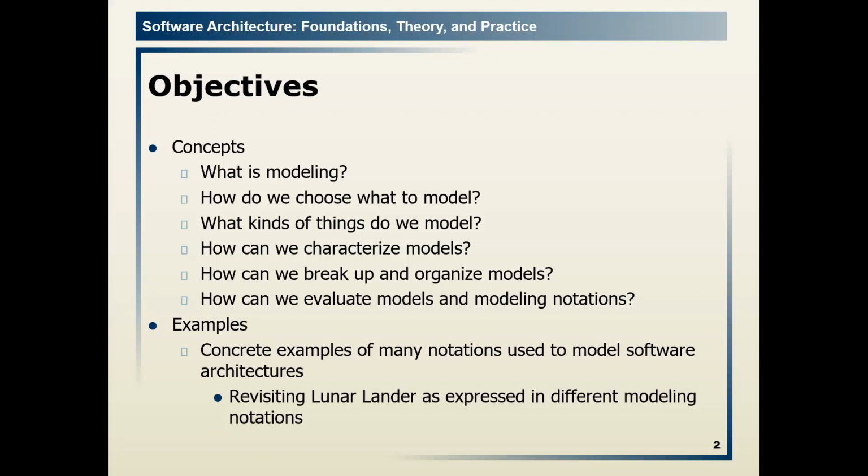When you are given a project, you have to select which modeling technique would be beneficial for it. Then we will look at concrete examples of many notations used to model software architectures, and we will revisit our Lunar Lander game as expressed in different modeling notations.